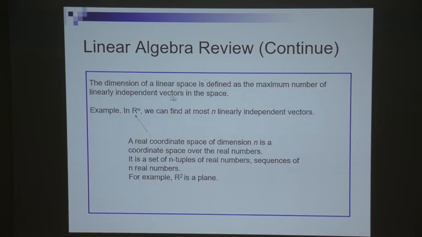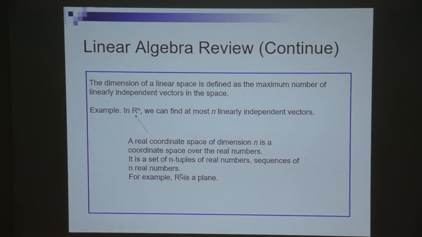So the dimension of a linear space is defined as the maximum number of linearly independent vectors in the space. So if I have Rn, you can find at most n linearly independent vectors. This Rn is referred to as a real coordinate system of dimension n, which is a coordinate space over the real numbers.